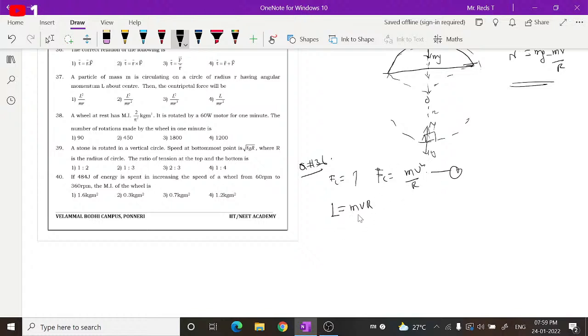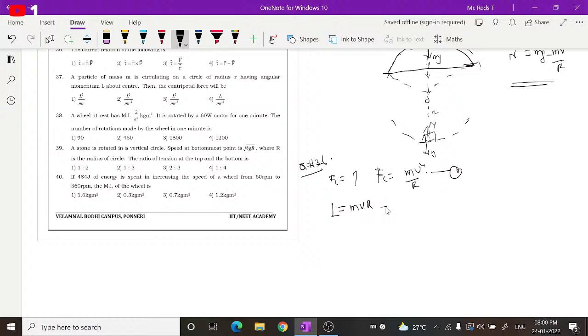So r is equal to L by mv, or m is equal to L by vr, or v is equal to any of these terms, no problem. Let us say m and r are constant, only velocity will change, so centripetal force will change and angular momentum will change.